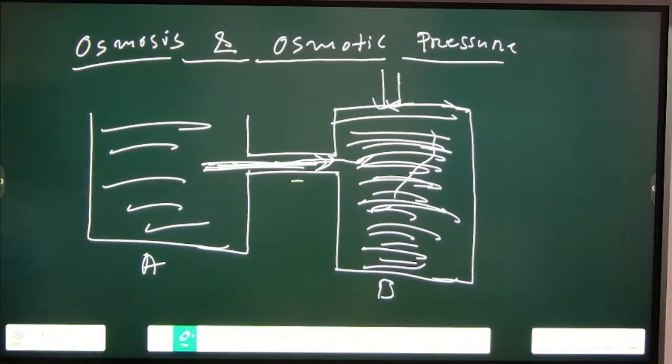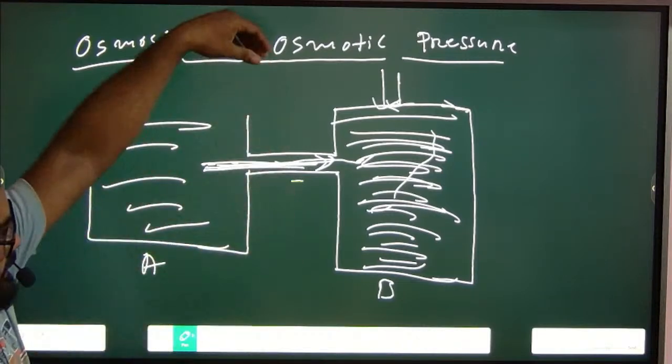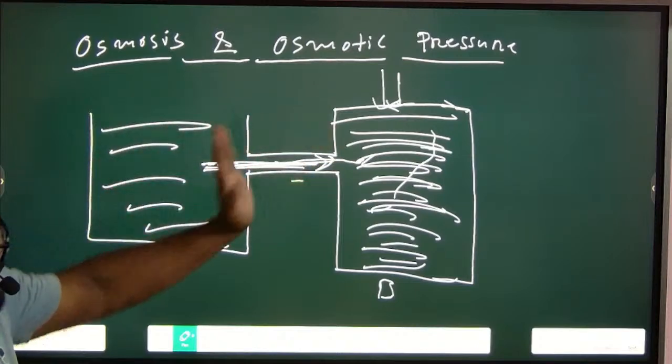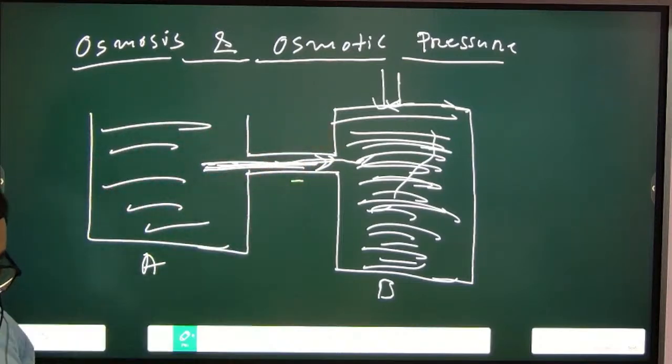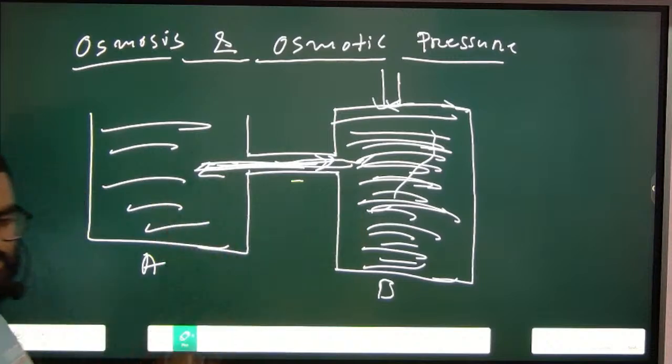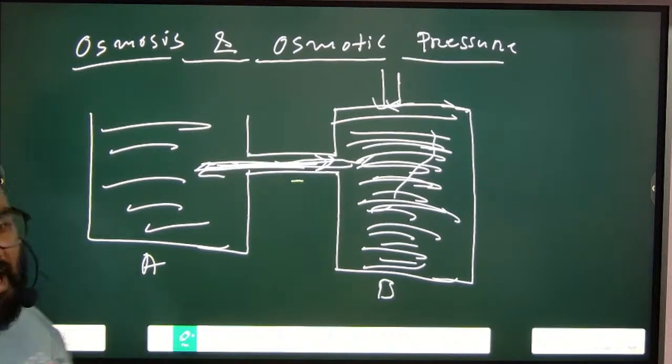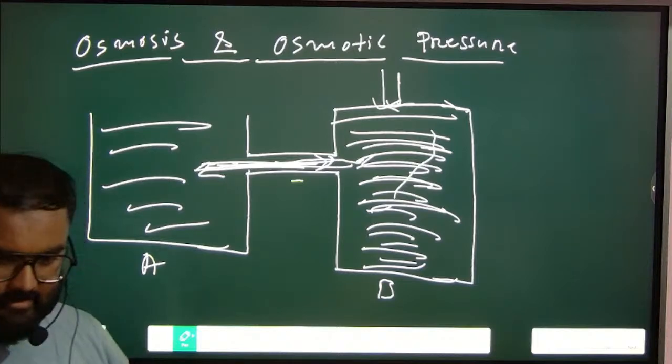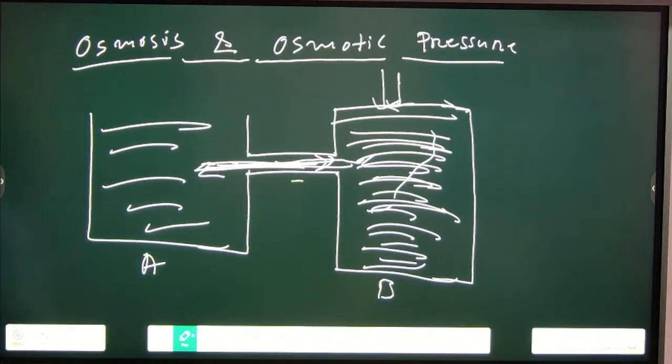Clear? And if we apply osmotic pressure and stop, and then again put more pressure, what will happen? Yes, it will go like that, and this phenomenon is known as reverse osmosis. So the definition of reverse osmosis is: if we apply pressure more than the osmotic pressure, the phenomenon reverses, which is known as reverse osmosis.